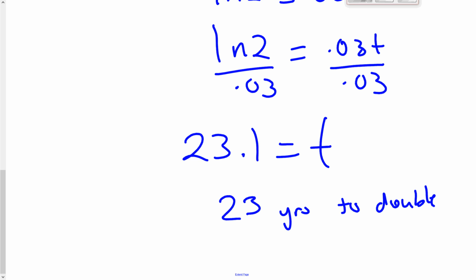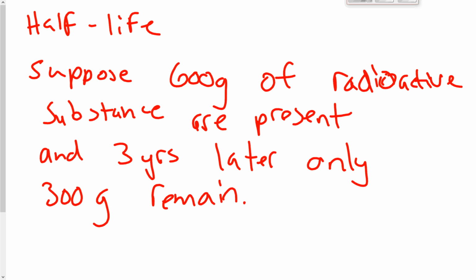Okay, so when we look at half-life, we're looking at how long it will take a radioactive substance to become half that amount, right? Half-life. So how long is it going to take a radioactive substance to be half the amount of its initial amount?